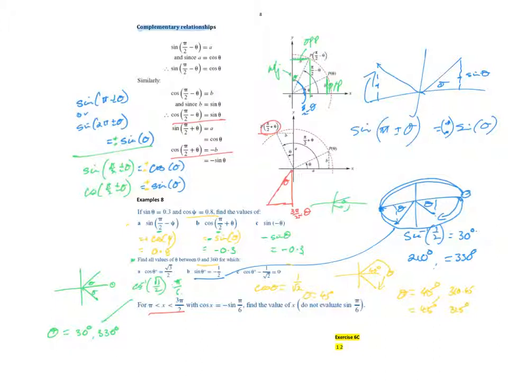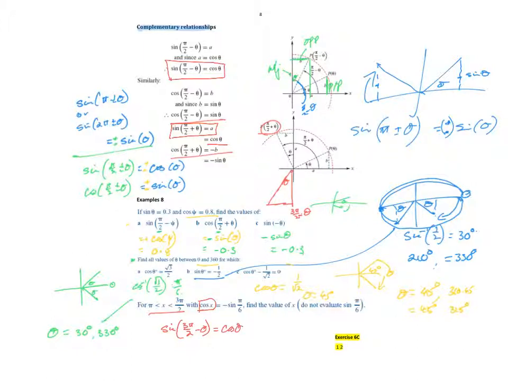So cos x, let's have a look at over here. How can I get a cos? So I want to replace this cos x with a sine something, okay? So sine pi on 2 plus theta is the same as cos theta. And in the same way, sine of 3 pi on 2 minus theta will also equal cos theta, okay?